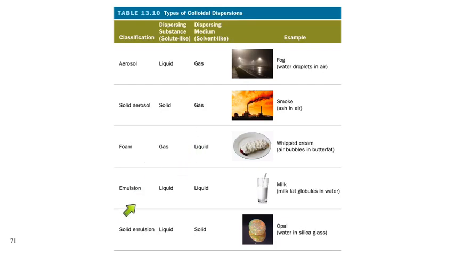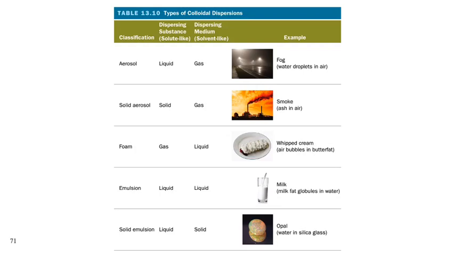An emulsion is a liquid in a liquid. So milk. The milk you buy at the store has been homogenized. That's a process that allows the milk fat to remain dispersed within the aqueous portion. If you have raw milk and you let it sit, the fat will rise to the top.